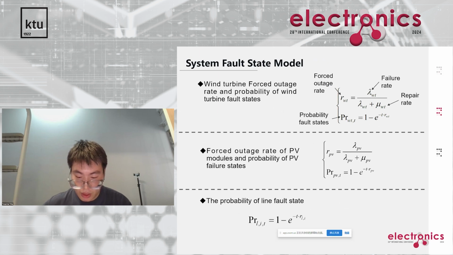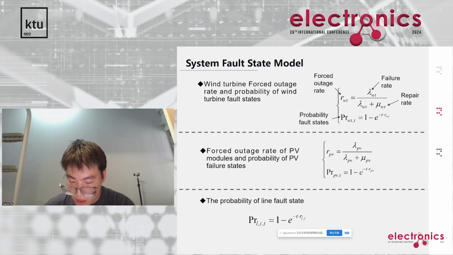This page displays the system feature state model. Firstly, for wind turbines, we calculate their forced outage rate and probability of failure status. The formula here demonstrates the relationship between failure rate and repair rate.